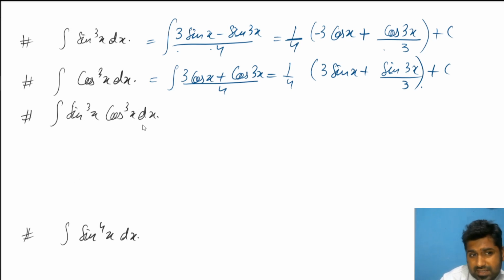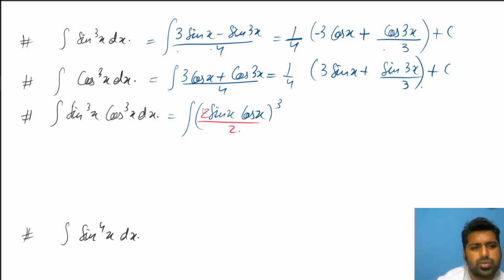You'll always use the same idea, just combine. Both have the same power, now combine them. How will you combine this? Integration of sin x cos x whole cube, then you multiply by 2, divide by 2. What is 2 sin x cos x? That's sine 2x.